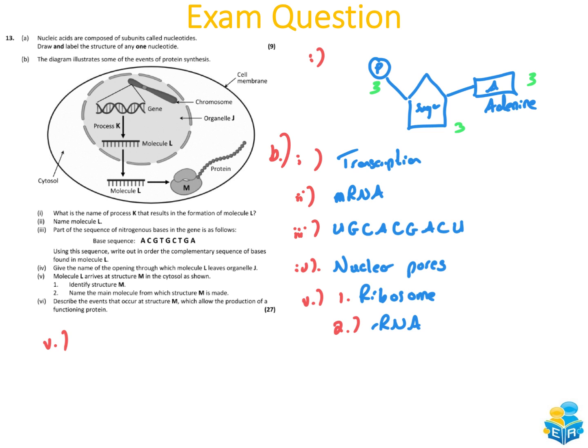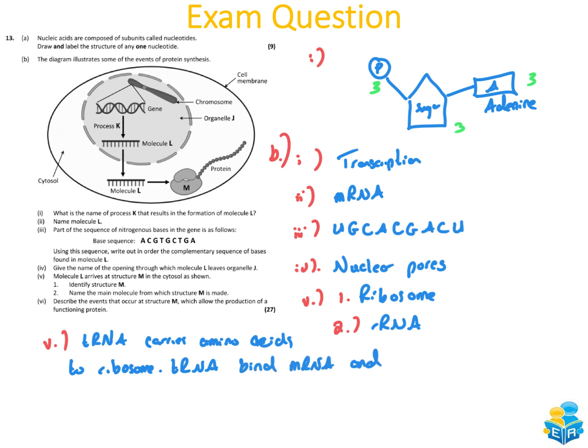And describe the main events that occur at structure M which allow for the production of a functioning protein. So you can say that tRNA carries amino acids to the ribosome. tRNA will bind the mRNA and deposit amino acid.